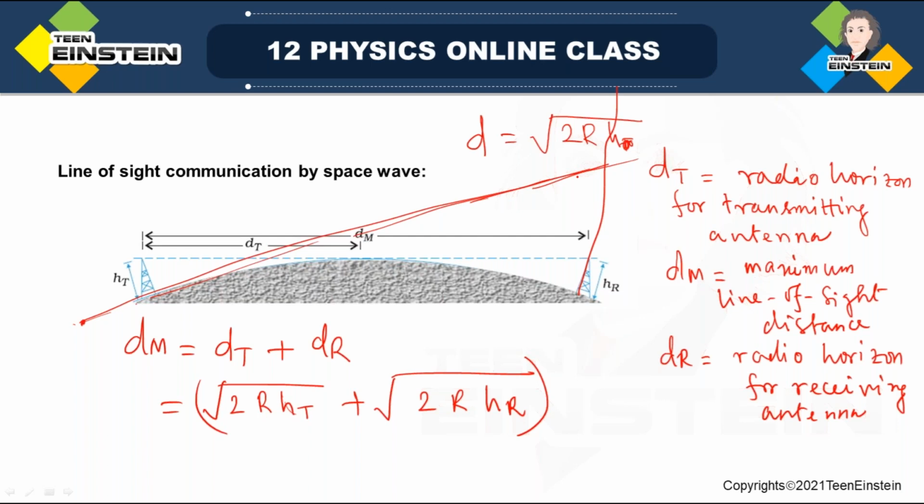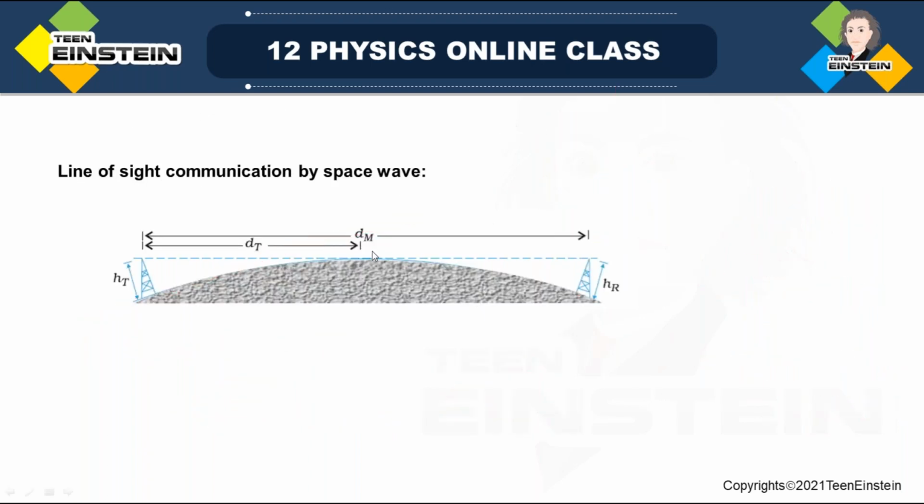Okay, I'll just explain this. Suppose I am beyond the horizon. This is the radio horizon for the transmitting antenna. So suppose my transmitting antenna is now put here. Your line of sight for direct communication will be like this. Okay, so it will go like this.